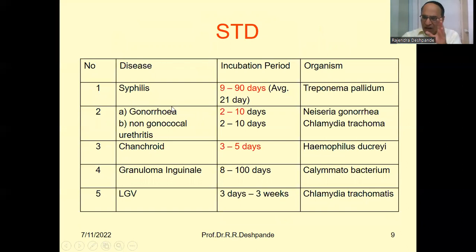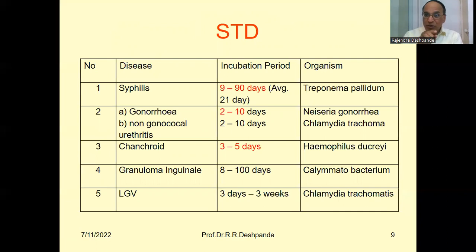Another differentiating point: in syphilis, the incubation period is 9 to 90 days. This is also a problematic case because the patient may have visited a prostitute or the girlfriend say 3 months back, and he forgets all these things because he has no complaint, only a single ulcer without pain, and it goes away automatically.